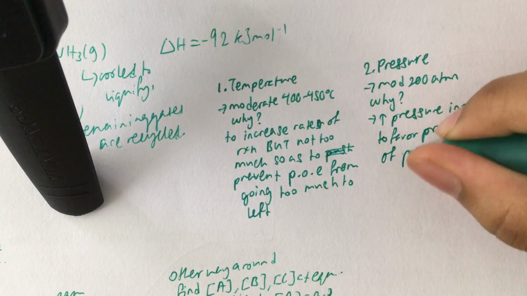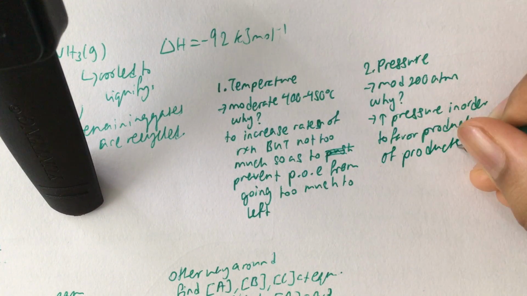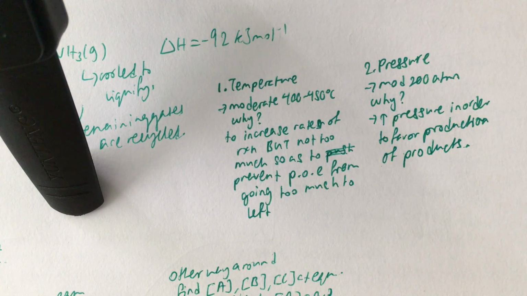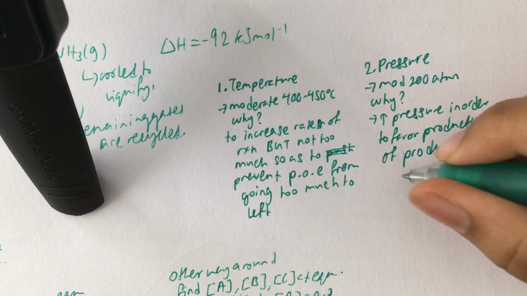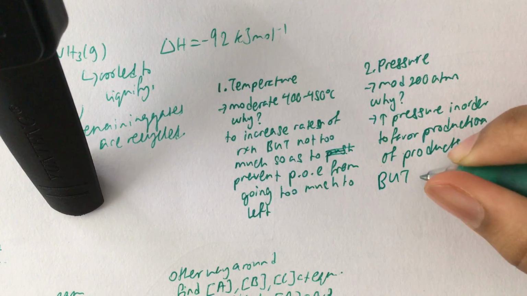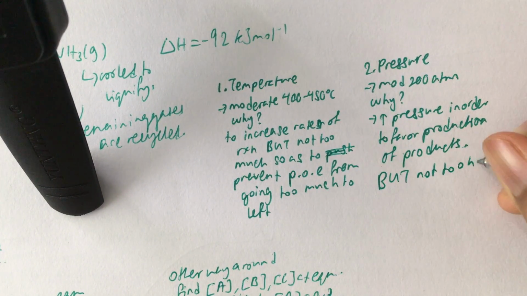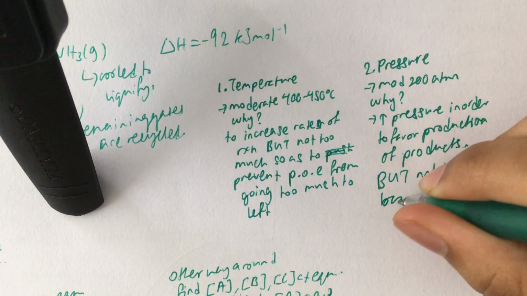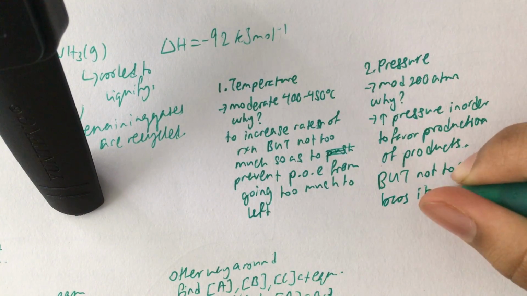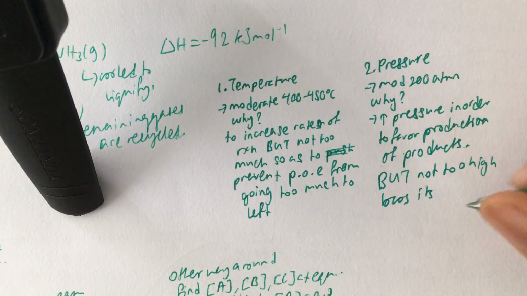So the pressure technically helps in a sense, and therefore you need a moderately high pressure, which is 200 atm, but you cannot go too high because it is not safe to do so.